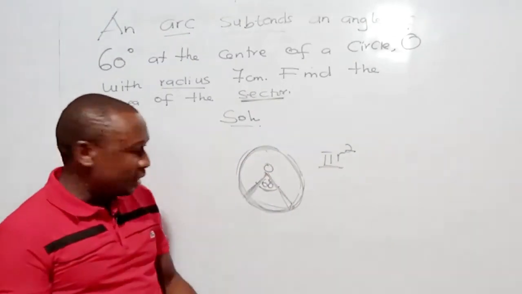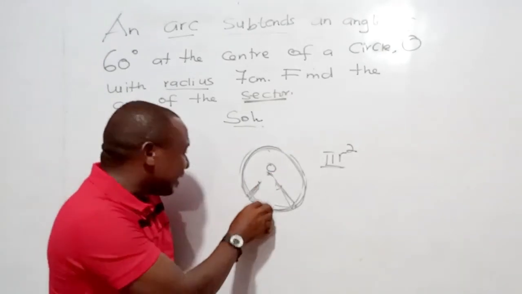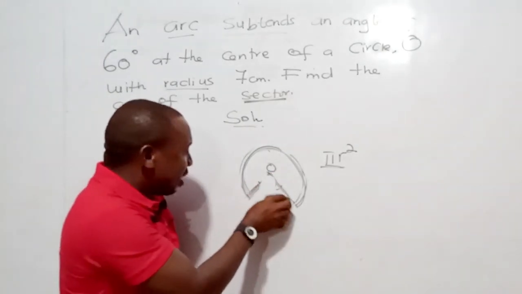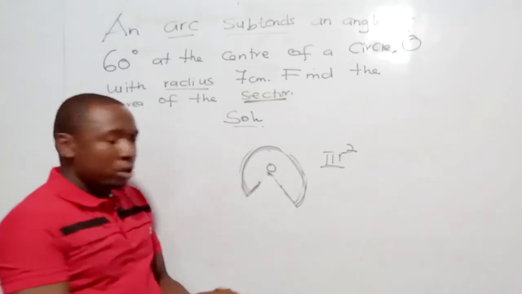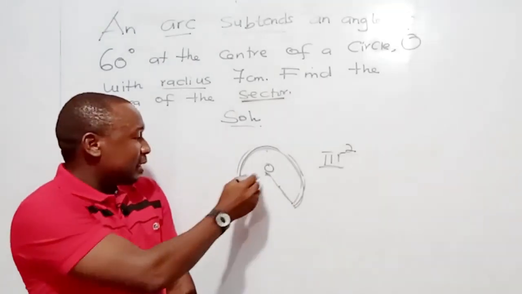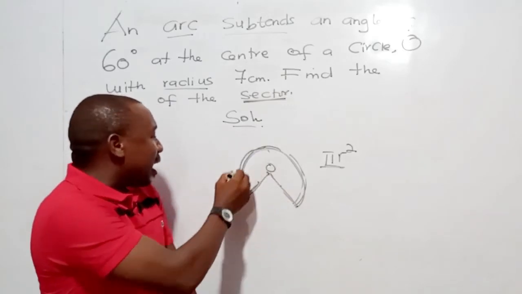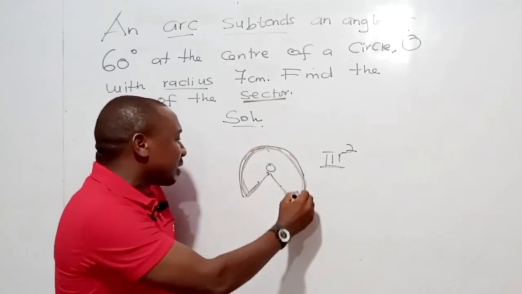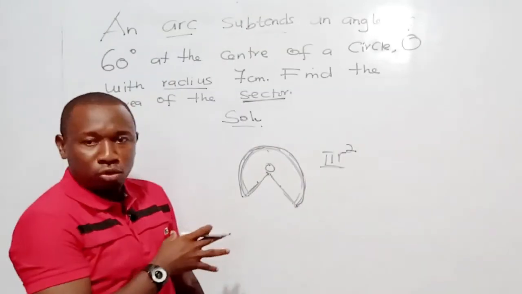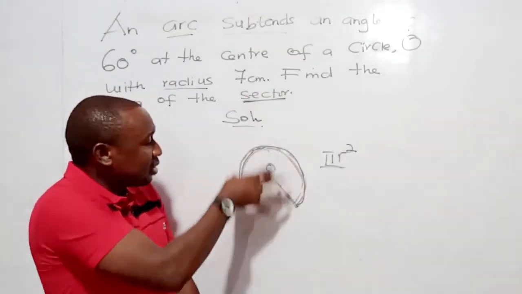This is what I mean. If I clean this sector, you can see clearly that only a section of the circle is covering the board.